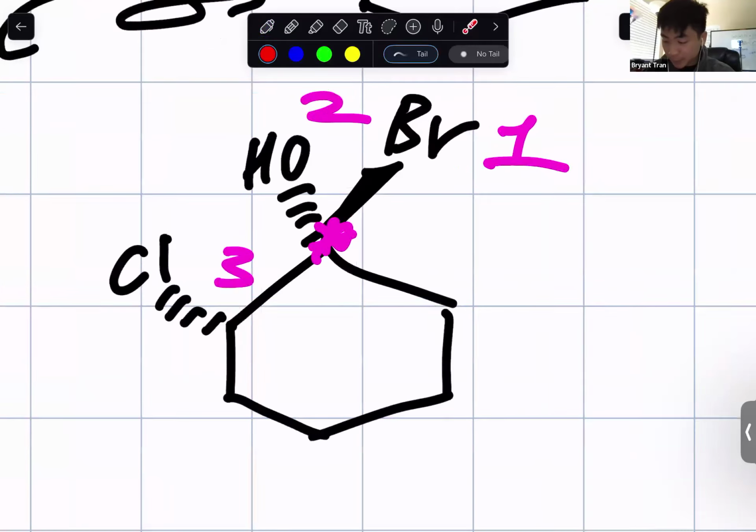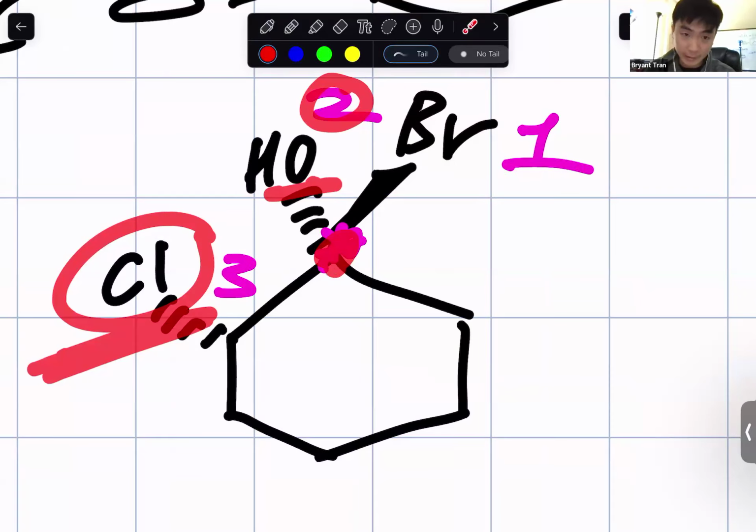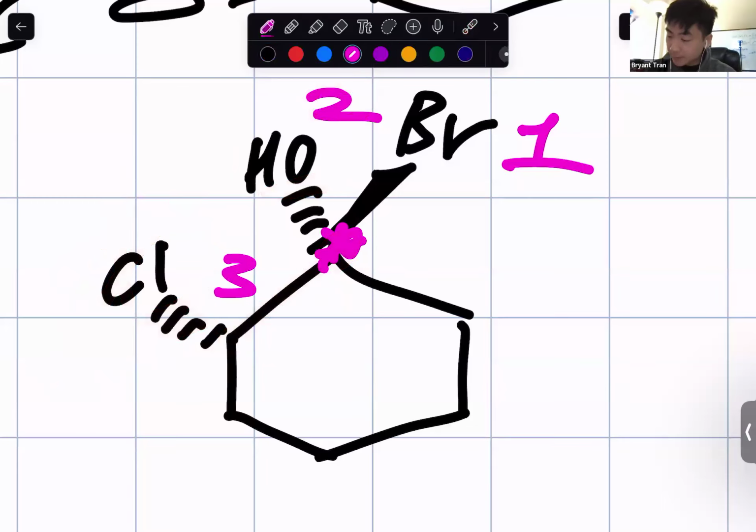Now, be careful here, right? Because chlorine does have a higher atomic number than oxygen, but this is not number two. This is number two because this oxygen here is directly attached to the carbon we are interested in. We're comparing this oxygen with the carbon directly attached to that carbon, not this chlorine right there. So be careful of that as well. And this would be number four right here.